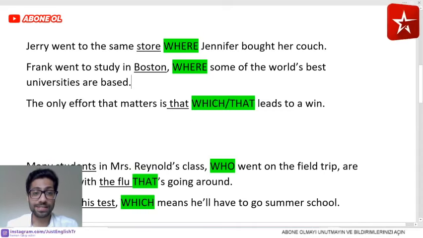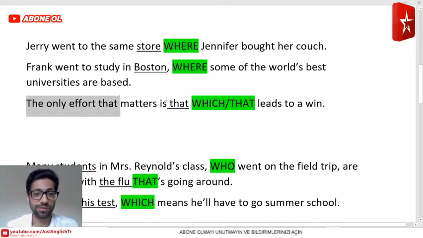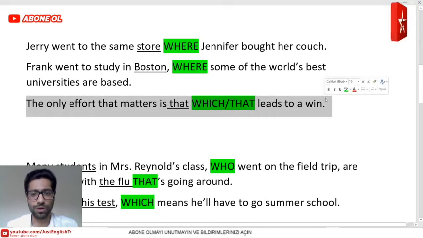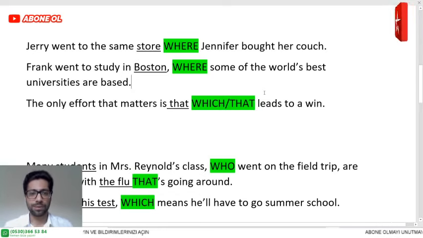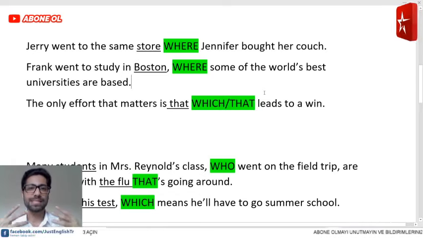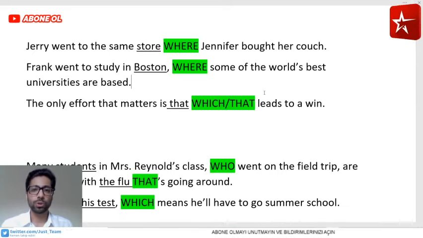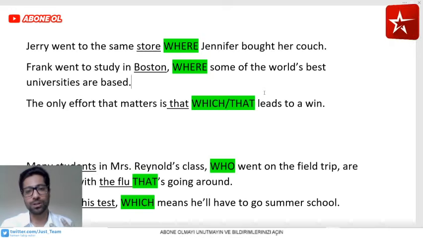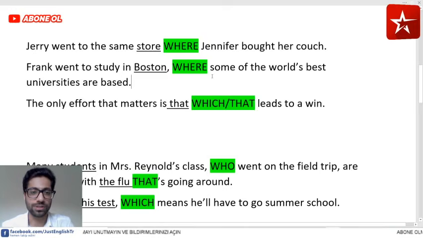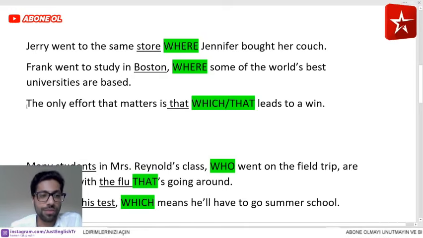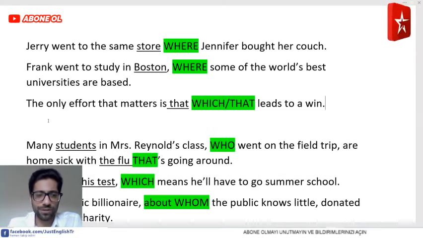Now, this is a bit confusing. This sentence here, there are some notes that we need to talk about. This is just my easy and simple explanation of the adjective relative clause. Afterwards, we will go right to the BBC and we will discuss and make exercises about it. However, the third sentence here, we've got the only effort.